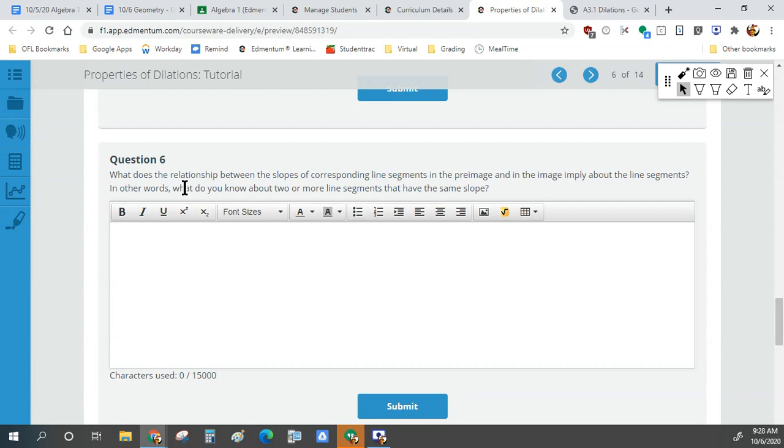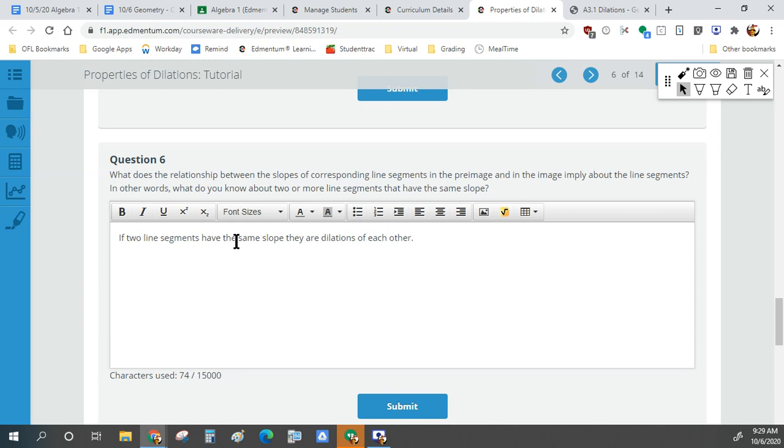What is the relationship between slopes and corresponding line segments of the pre-image? In other words, what do you know about two or more line segments that have the same slope? So if two line segments have the same slope, they are dilations of each other.